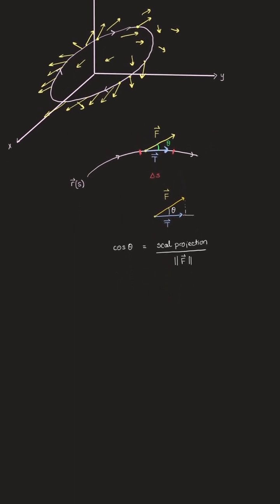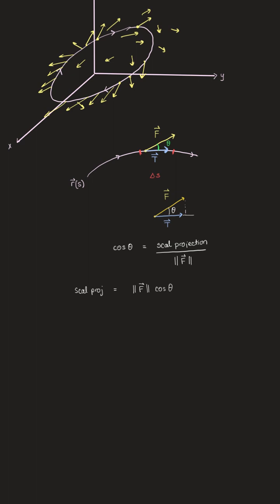And so this tells us from this trigonometric relationship that our scalar projection, what I'm interested in, how much of my vector F is aligned with, goes in the direction of t. What is its scalar component? This is just going to be, if I multiply both sides by the magnitude of F, the magnitude of F times cosine theta.